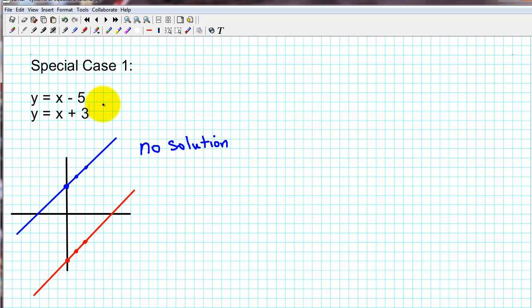Now we don't want to resort to graphing, so let's look at this algebraically. This problem has both equations solved for y. So we could use our substitution method and set each equation equal to each other. Now solve. We would be trying to get the x's on one side, and notice what happens here. The x's cancel out on both sides, and we're left with an equation that can never be true. It's impossible.